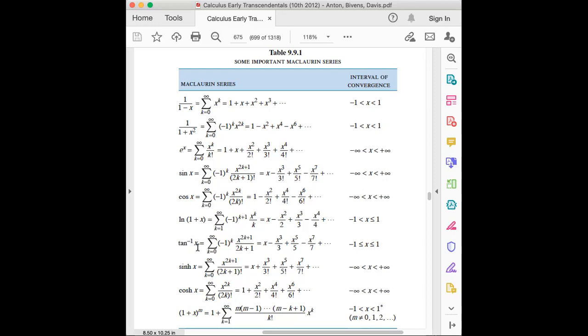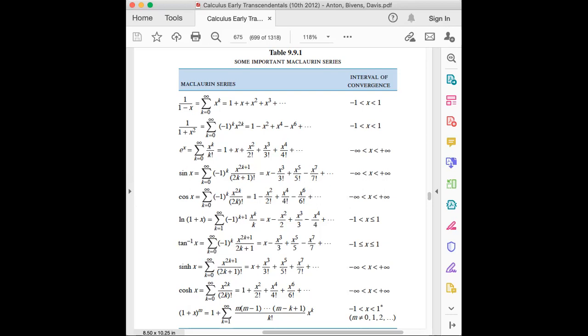Now, the inverse tangent of x, you can derive using the second bullet here. So if you don't memorize the other series expansions of some other elementary functions here, at least be sure which function you will use to derive them.